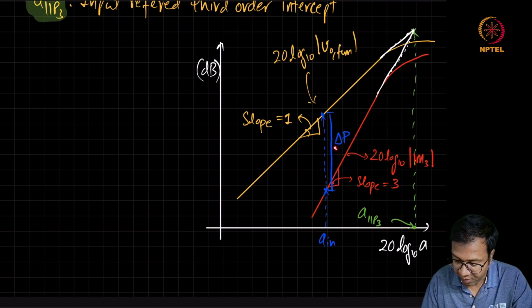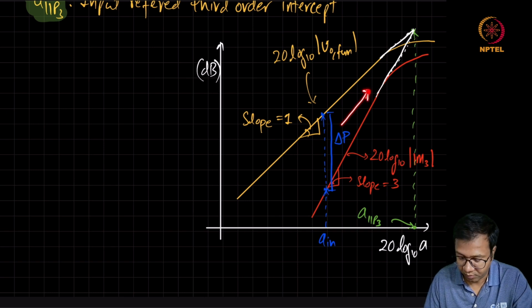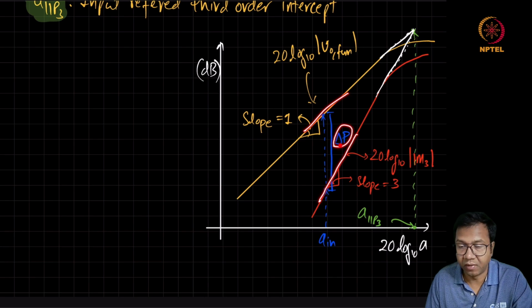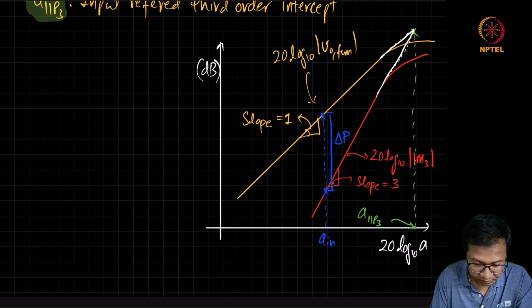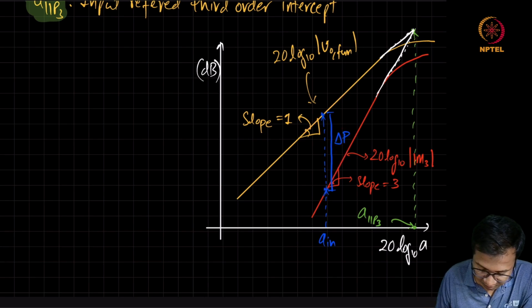And if you see this delta P, which is the relative strength of fundamental with respect to the IM3, it is reducing with a slope of -2. Okay, so this guy is increasing with a slope of 1. IM3 is increasing with a slope of 3. So the gap is reducing with a slope of -2.